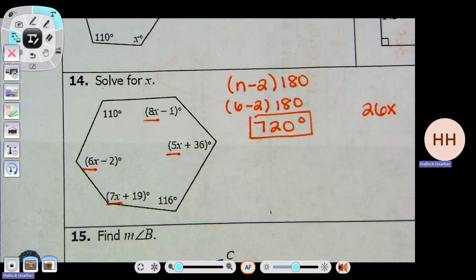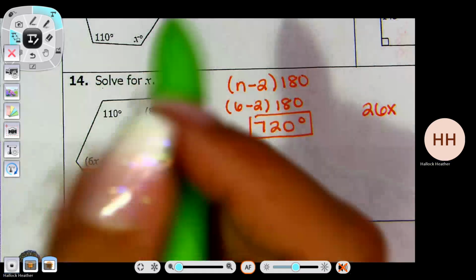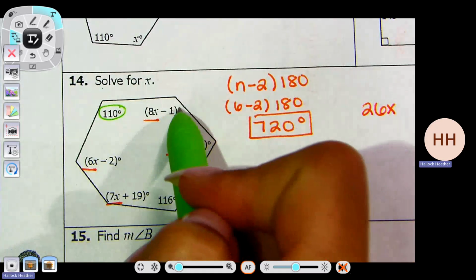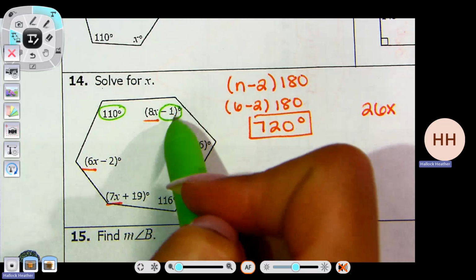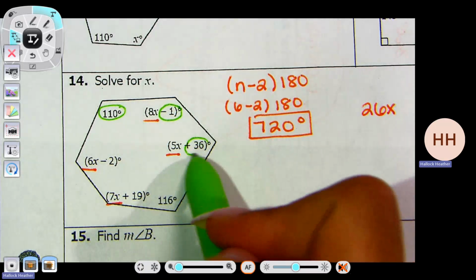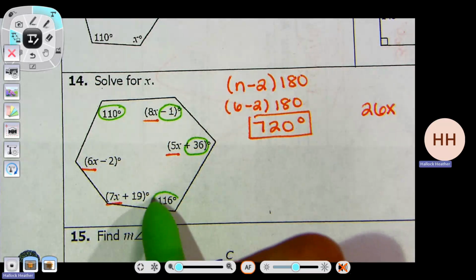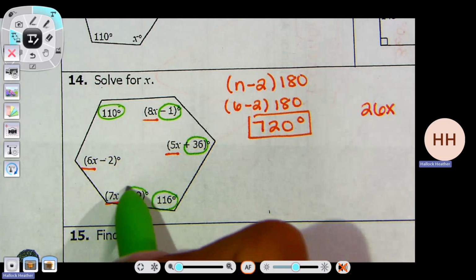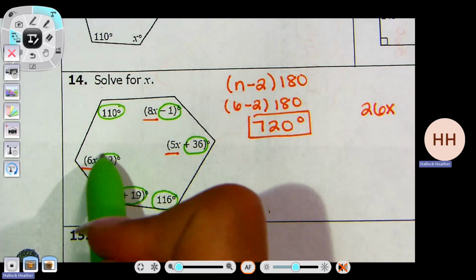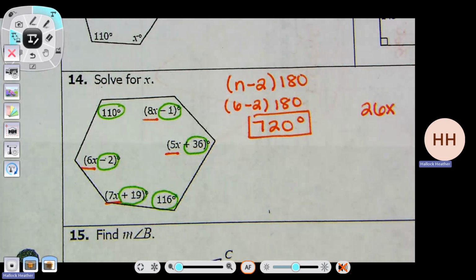I'm going to do the same thing with my numbers. So I'm taking the constants, that's what it's called. All the numbers that don't have an x: 110, I'm subtracting 1 because it says minus. I'm adding 36. I'm adding 116. I'm adding 19. I'm subtracting 2 because it says minus. So what do I get whenever I combine all those numbers?